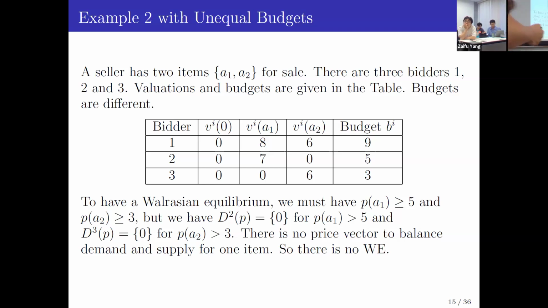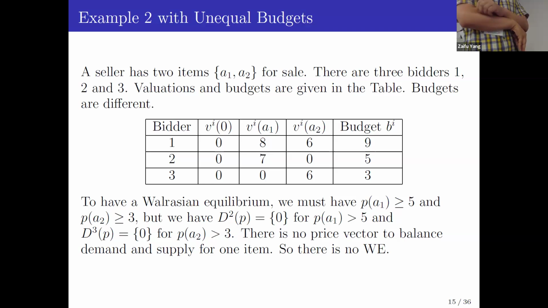Now we have three bidders. For this example, bidder 1 is not budget constrained because his budget is above his valuations. But bidder 2 and bidder 3 are budget constrained.